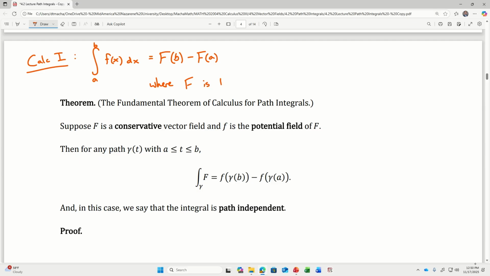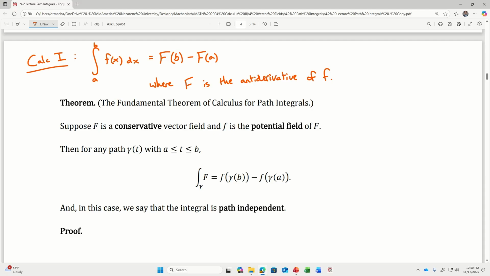If you take the antiderivative of your integrand, and then you plug in the upper bound and the lower bound, and you subtract the two, that's called the fundamental theorem of calculus.